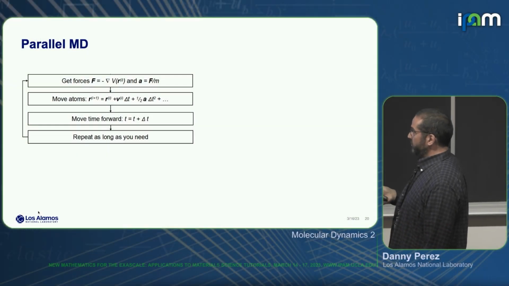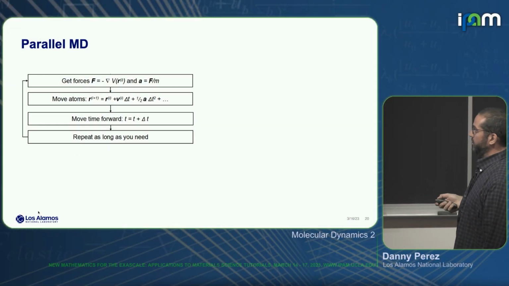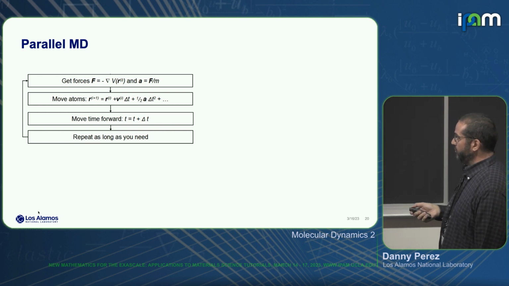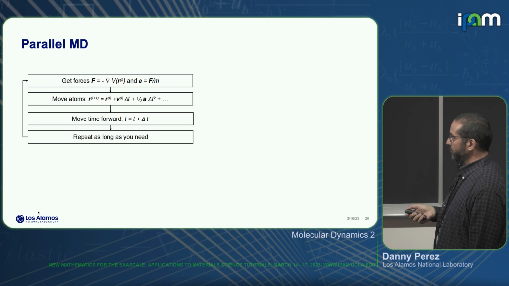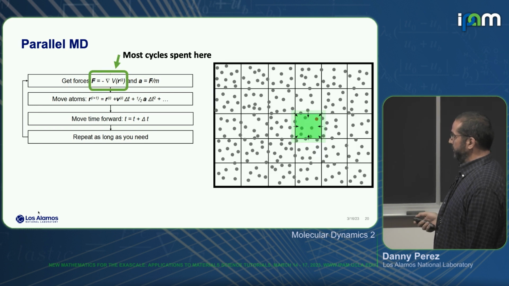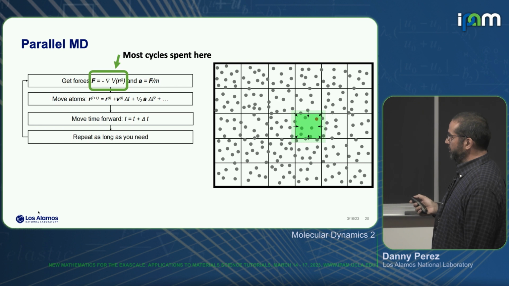So of course, the first thing that you can do is to just parallelize your MD, going from one GPU to many GPUs. And the expensive part of this calculation is to compute the forces acting on your atoms. This is just the gradient of your total energy of the system. And the way this is done now, like in LAMMPS, for example, is by domain decomposition. So if I have a big system, I partition it into a bunch of subdomains.